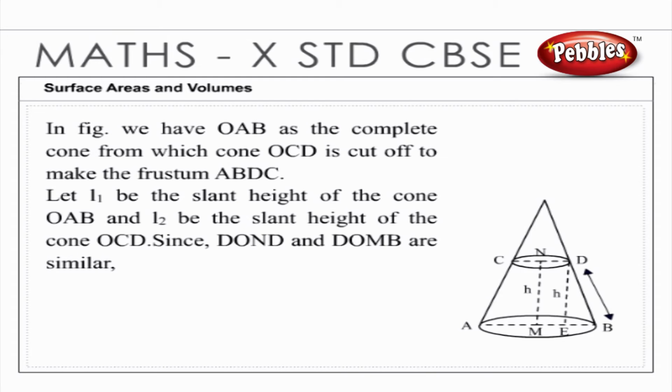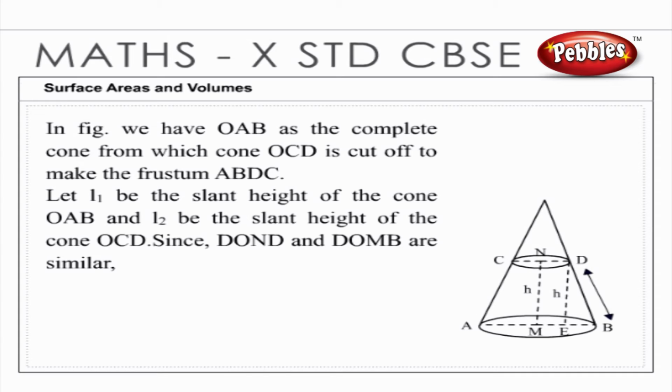In the figure, we have OAB as the complete cone, from which cone OCD is cut off to make the frustum ABDC. Let L1 be the slant height of the cone OAB and L2 be the slant height of the cone OCD.